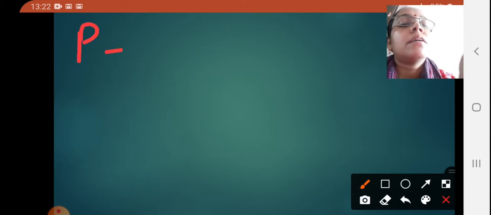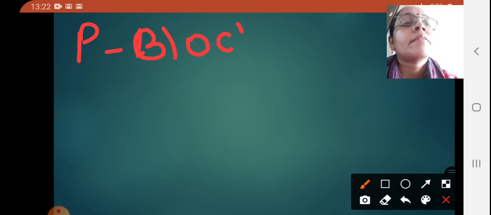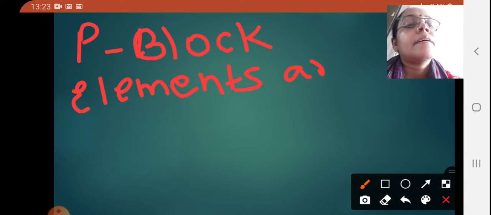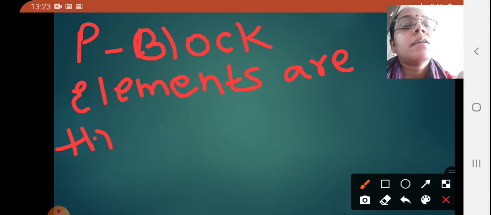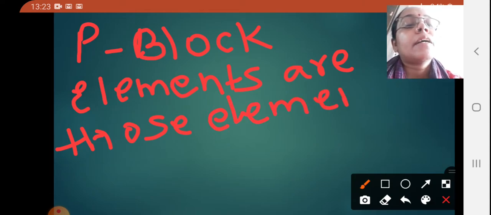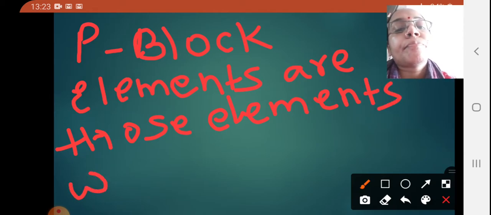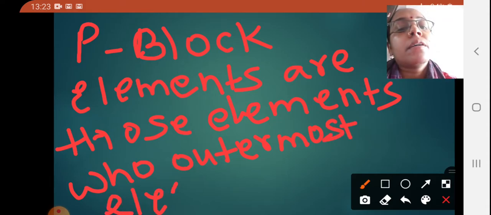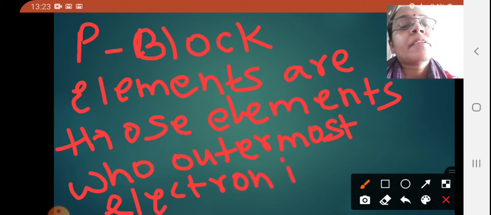P block elements are those elements whose outermost electron is in the P subshell.